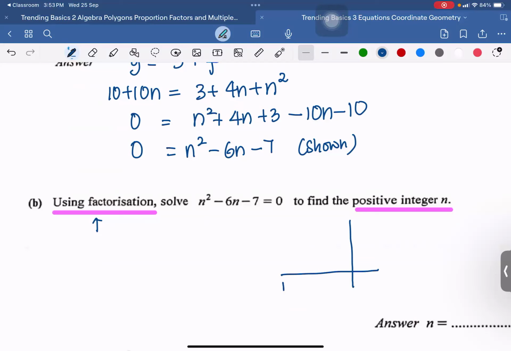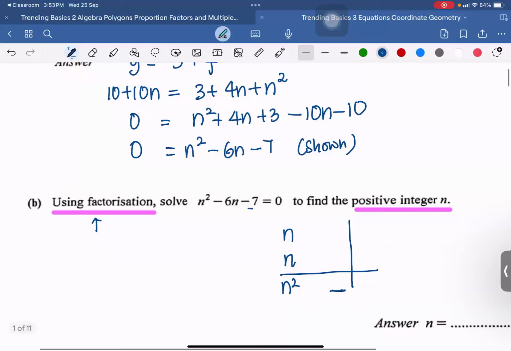Mode 5 to 2. I want n squared: n times n to give you n squared. Then here, the number is 7. I'll put in the sign later. 7 times 1 to give you 7. We cross. Or you can use your calculator, mode 5 to 2. Remember to change the sign.